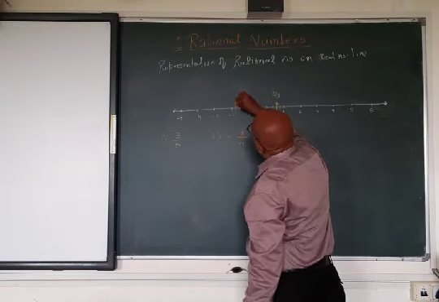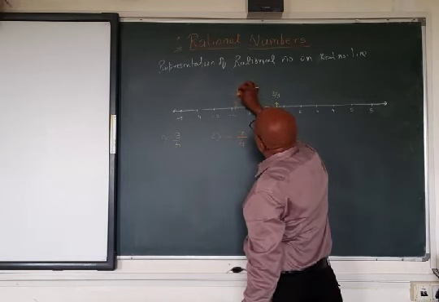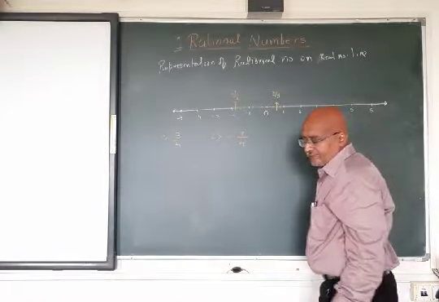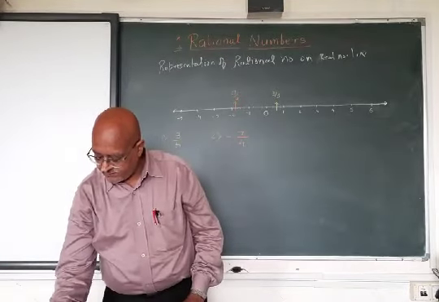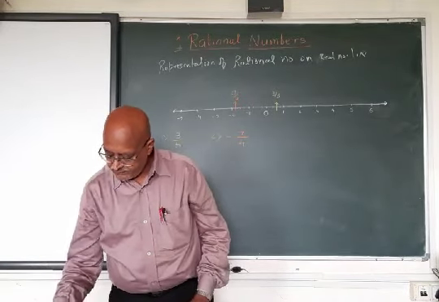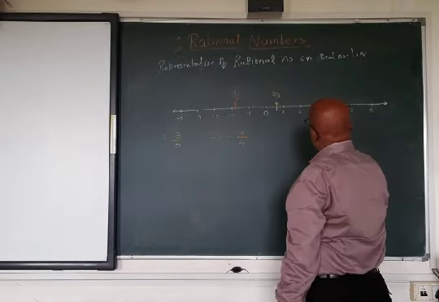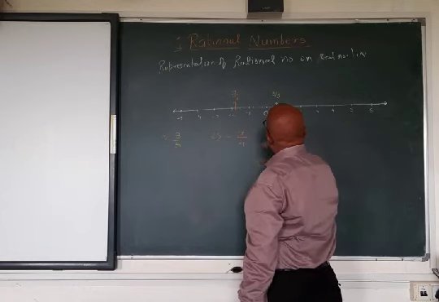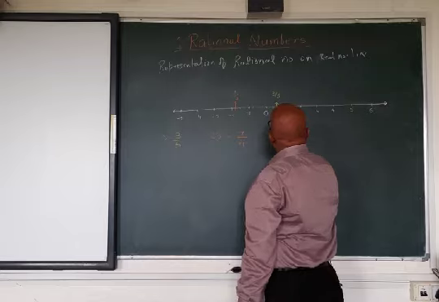This mark will be nothing but minus 7 upon 4. Isn't it easy? Now, one more example I will take. If I take a third number, again I am going for a negative number, minus.